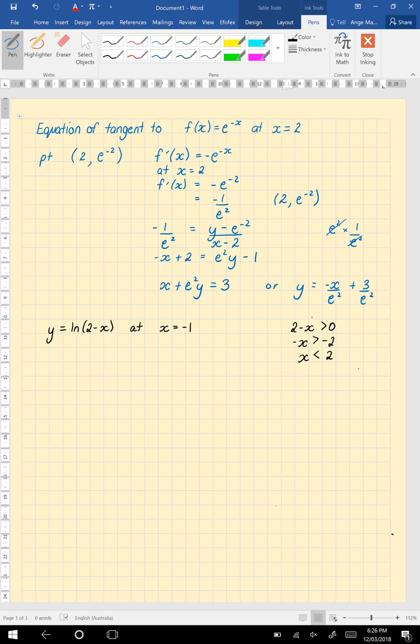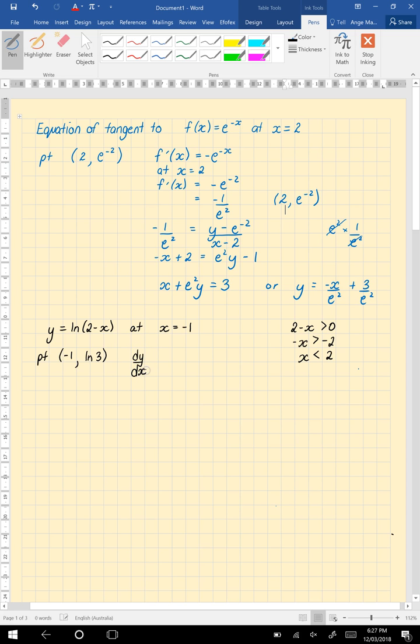So we do the same thing that we did before. We're going to get our point, because again, to find the equation of tangent, you need a point and a slope. Our x here is minus 1, we put minus 1 in here, so 2 take minus 1 becomes ln 3. We leave it as exact. Okay, we now want to get our slope, so dy by dx.